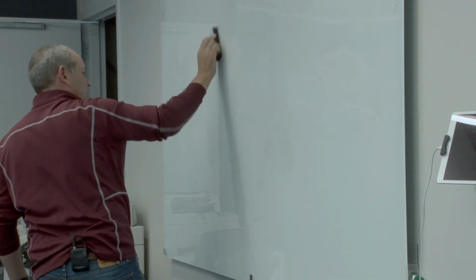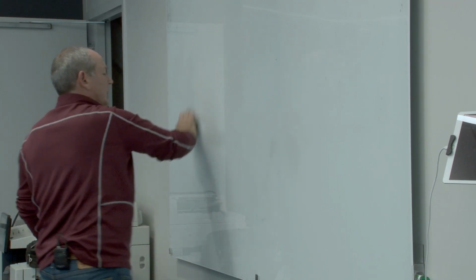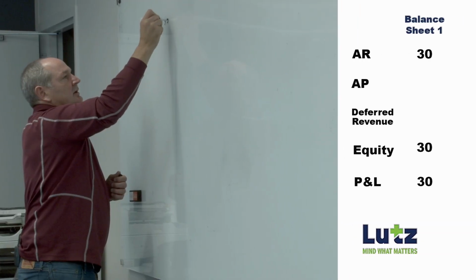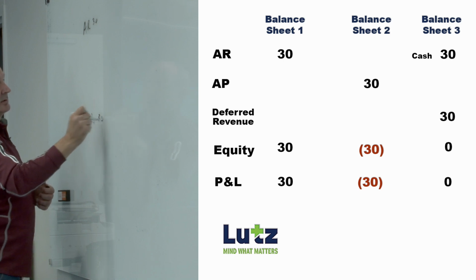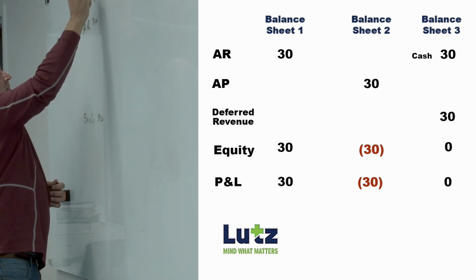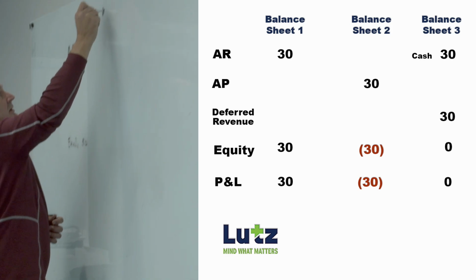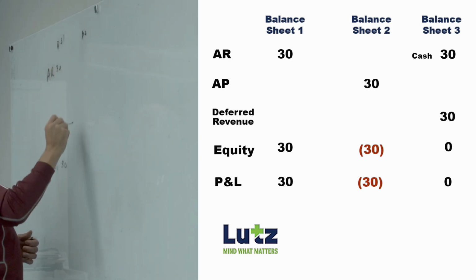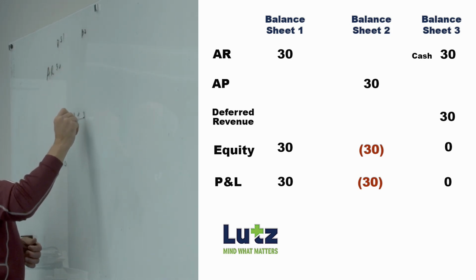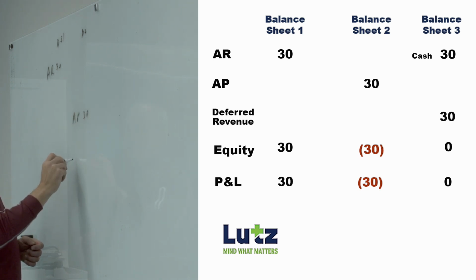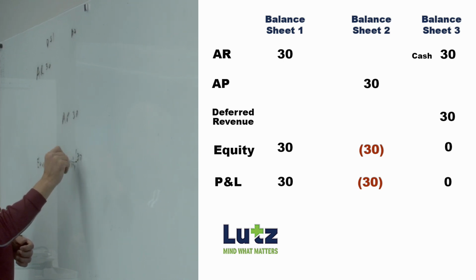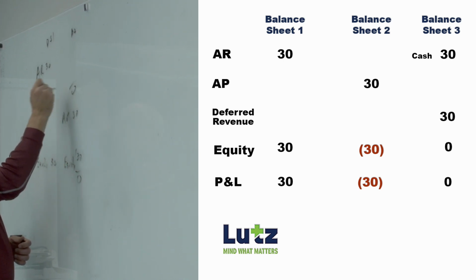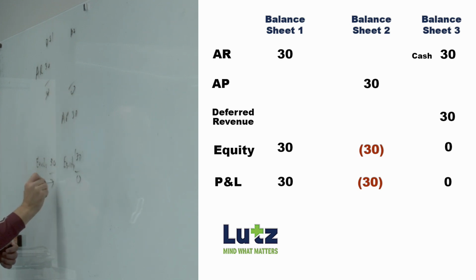I'm going to do 3 balance sheets. One is AR is 30, equity is 30. That's balance sheet 1. Balance sheet 2 is going to be AP 30, equity negative 30, so 0, 0, 30, 30.